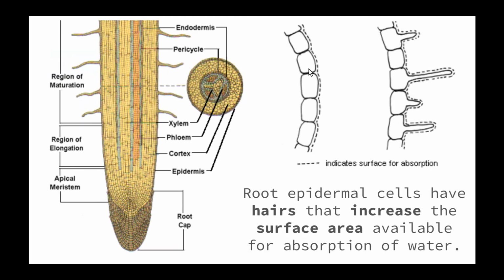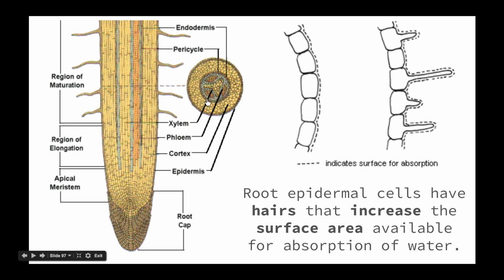So we can see here a longitudinal section and a cross section of a root. So we can see that the epidermis is the very outside layer. The cortex is then between the epidermis and our vascular tissue layers.